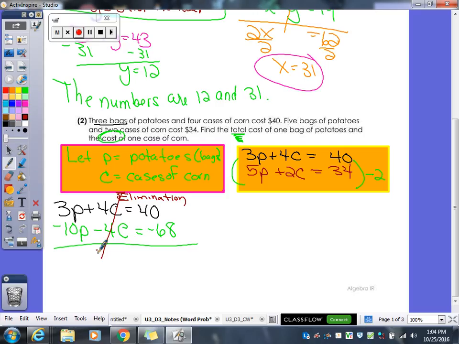Now let's do the P's. What's 3P minus 10P? Negative 7P. And when I subtract this, I'm going to get a negative 28. Divide both sides by a -7, and P equals 4. So does that mean I have 4 bags of potatoes?